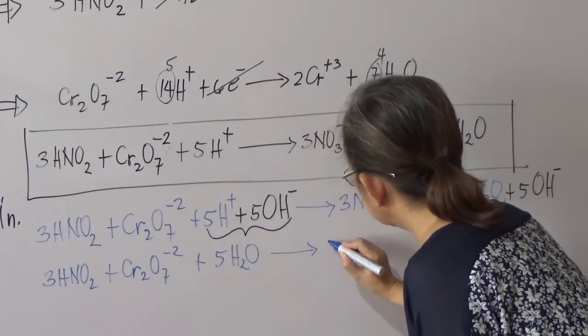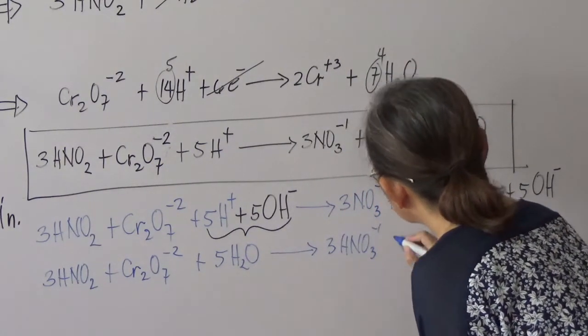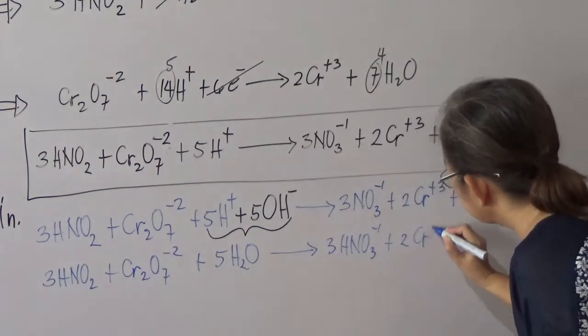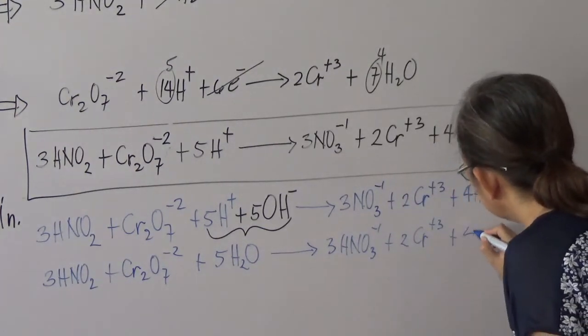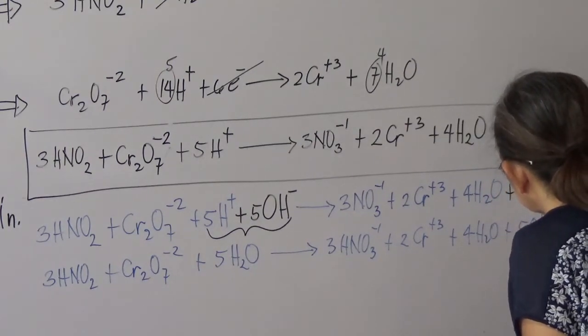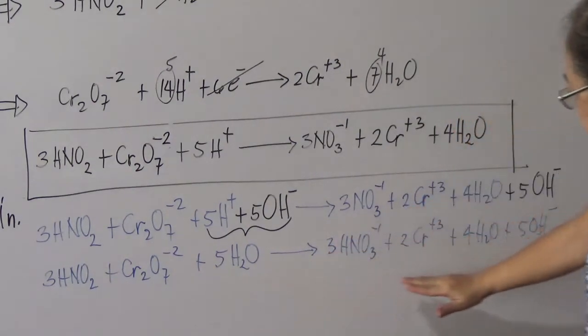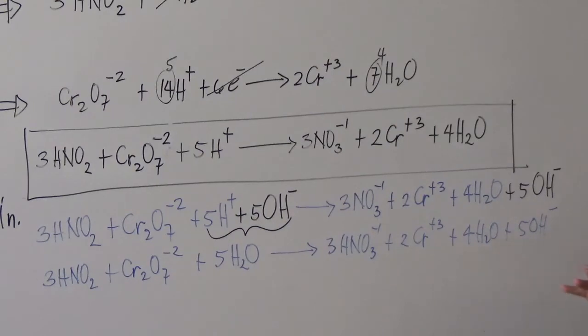And here you have 3 NO3 negative 1 plus 2 chromium plus 3 plus 4 water plus 5 OH. Take note that you have 5 moles of water here and 4 moles of water, so you can reduce them.